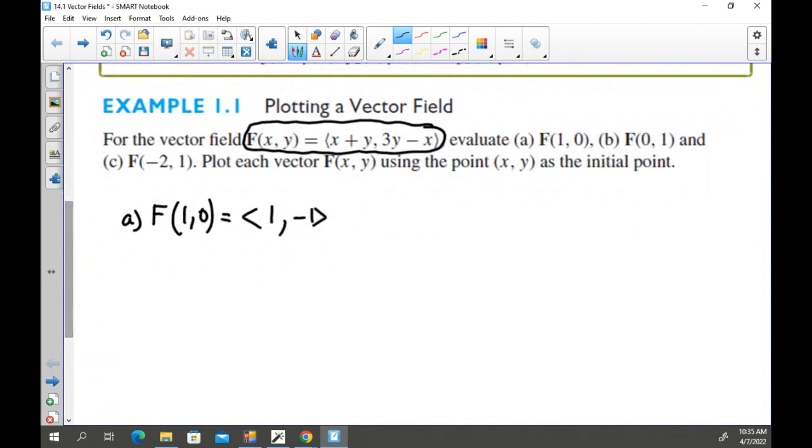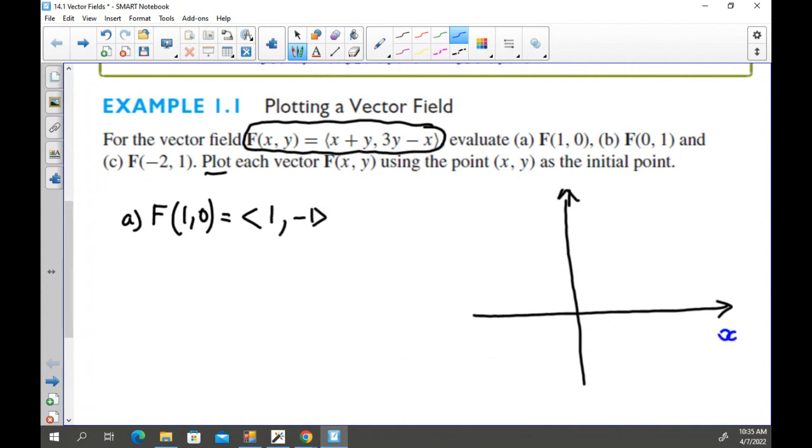And if I want to plot this, let me look at it in an xy plane, x, y. The point 1, 0 is here. Yeah, that's the point 1, 0. So at that point, what is the value of the function? 1, minus 1, yeah?